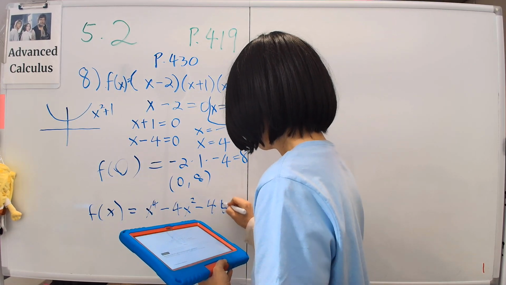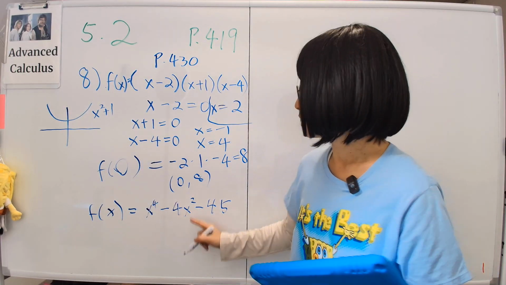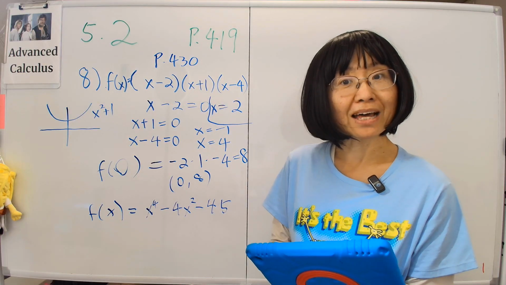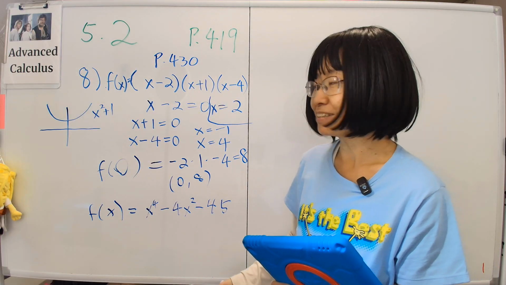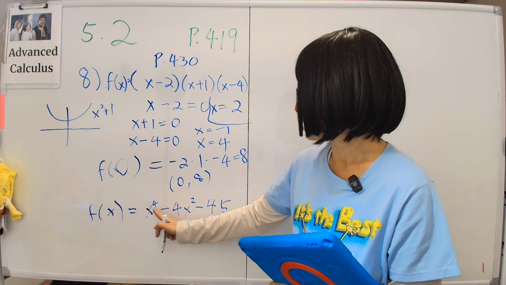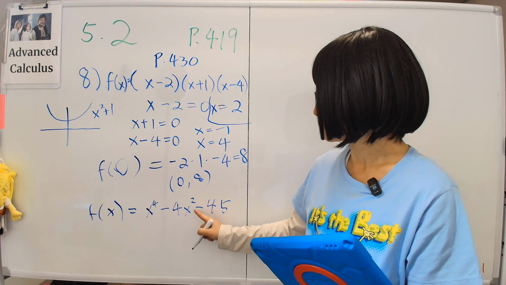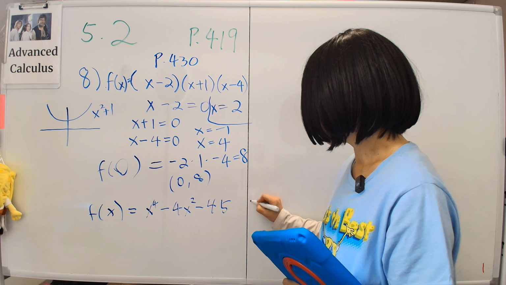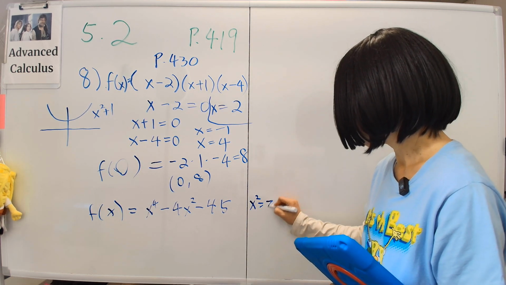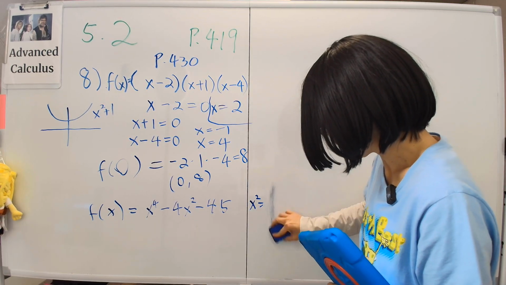So this is a 4th power, but luckily, although this isn't factored for us, it still looks like a quadratic function if you pretend that x squared is a thing.